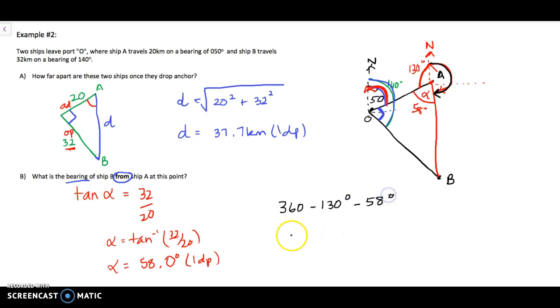This is just one way of finding it. And that's going to leave me with 172 degrees as a bearing. So B is 172 degrees from ship A. So that's just an example of how we can put this use of bearings into practice when we're doing some navigation.